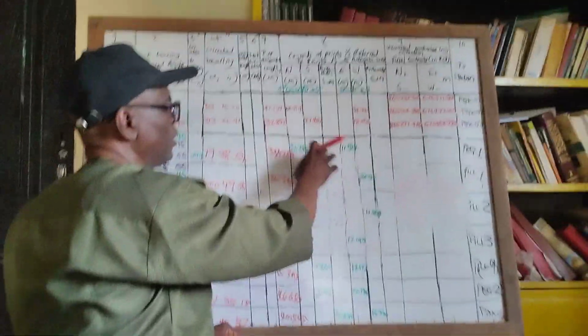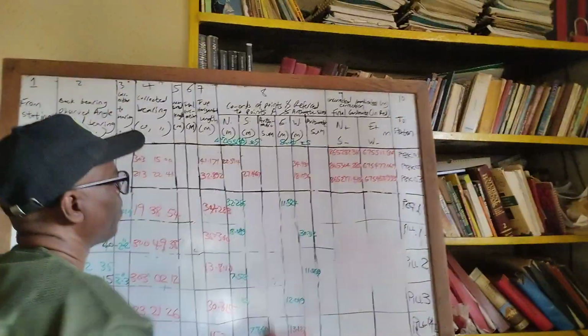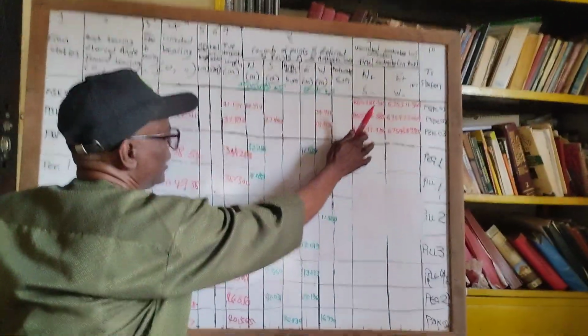This is plus. So from PBK 03, you have your northing to be 865277.418.